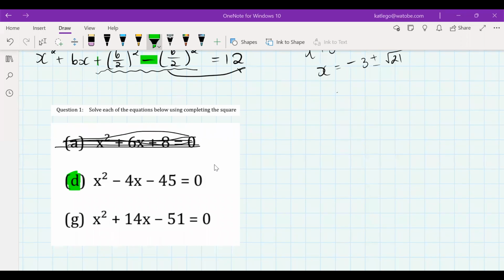When it comes to exam questions, are they going to say solve for X? They're going to say solve for X. It is up to you to check whether you can just factorize using the normal way you factorize trinomials. But if you look at the trinomials we have on the board right now, it's not easy to just make 2 brackets and figure it out.